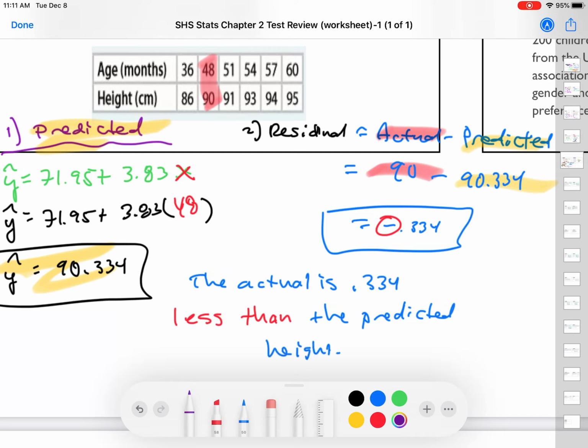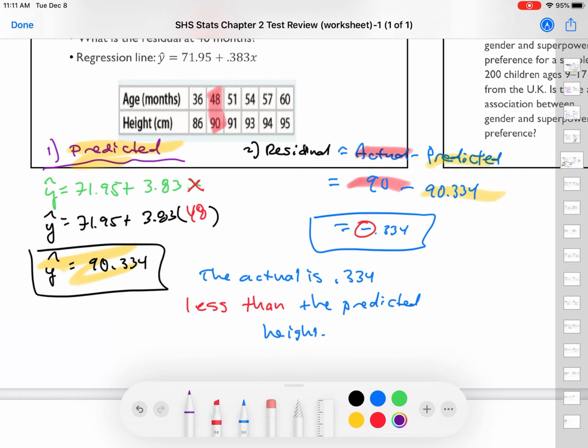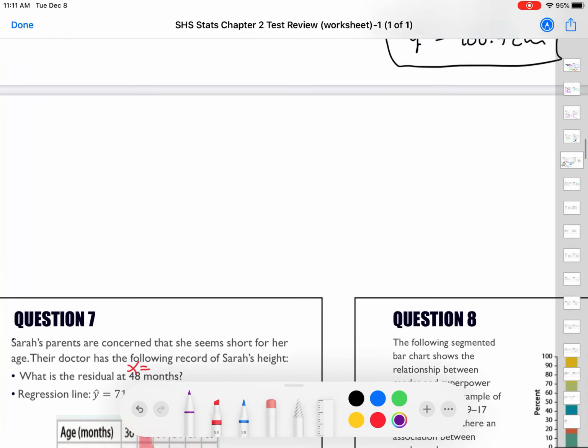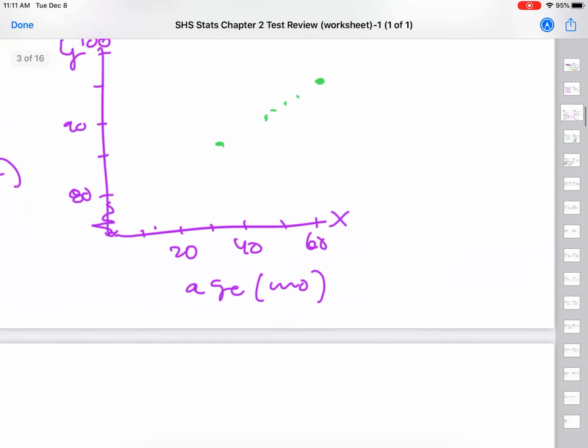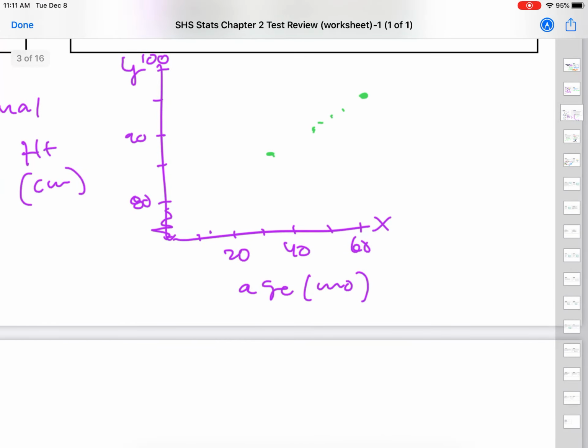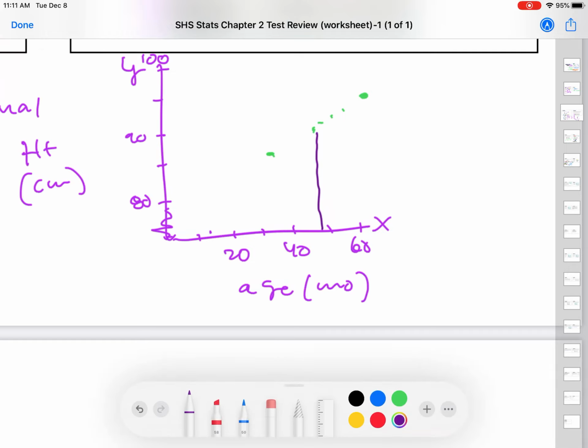Let me give you back a visual. So 48.90, you go back up to our graph, and 48.90 should have been here. Oh, she's a different color. $48.90. That was her actual.